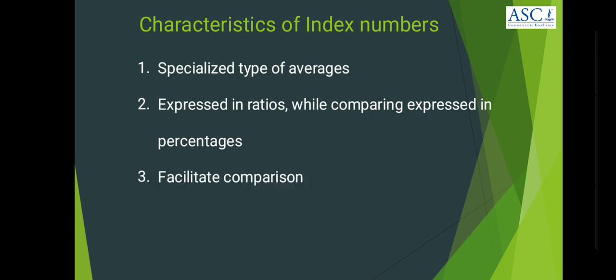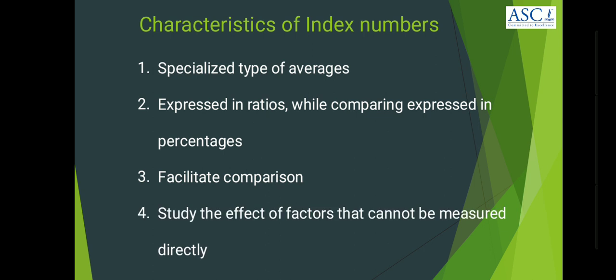The third one, they facilitate comparison. The fourth, index numbers study the effect of factors that cannot be measured directly. These are four characteristics of index numbers. Let us understand them in detail.